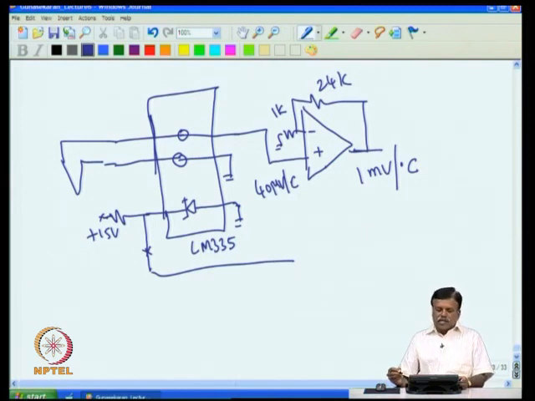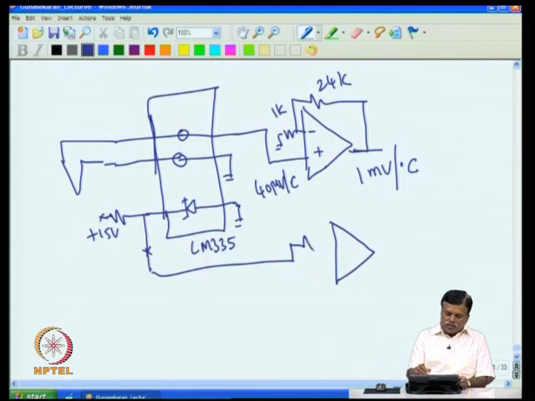We have to do that now, because this gives you 10 millivolt per degree C, whereas at this point you get only 1 millivolt per degree C. And the second problem is that this does not give 0 volt at 0 degree C; it gives you 2.73 volt if the temperature of this block is 0 degree C. So normally what is done is we subtract out that 2.73.